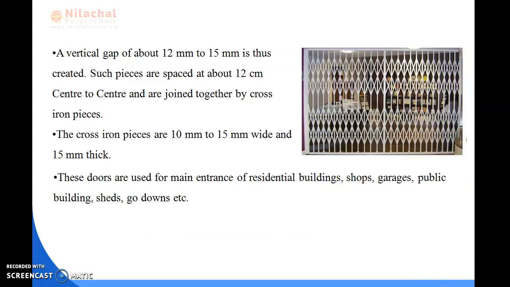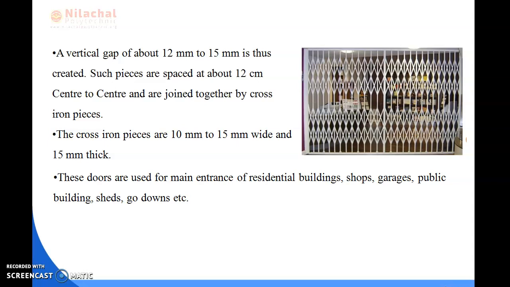Here you can see the same images of collapsible steel doors.